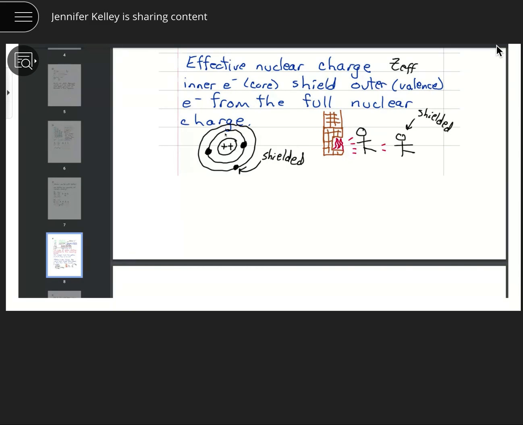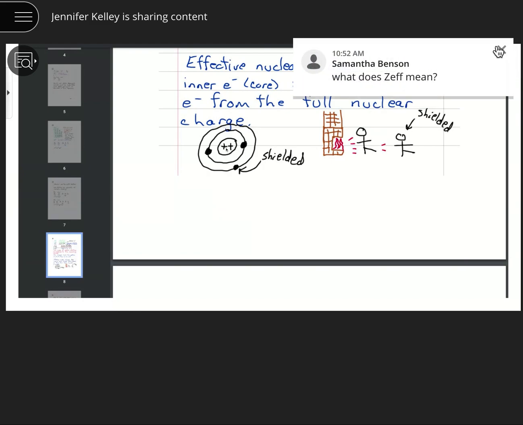The electrons in that first circle around the nucleus are like the adult. They're the core electrons, and they are shielding the valence electrons from the full pull of the nucleus. They do get some pull, but they don't get all of the pull, just some. And that's the idea of effective nuclear charge. It means effective nuclear charge.